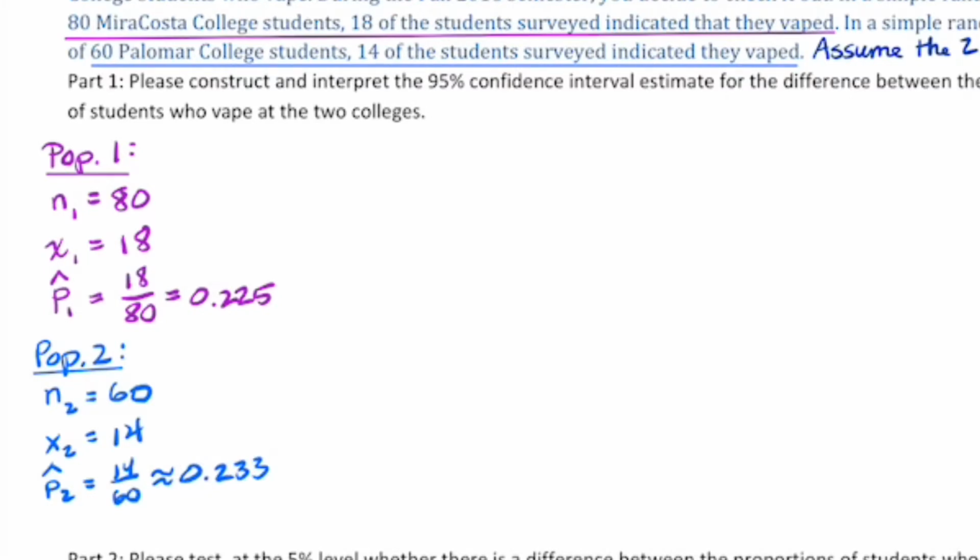And one thing I forgot to do up top, we'll come back and do that, is to get Q hat 1. So let's do Q hat 2 right here. Remember, that's 1 minus P hat 2, which is 1 minus 0.233, and that's approximately 0.767.